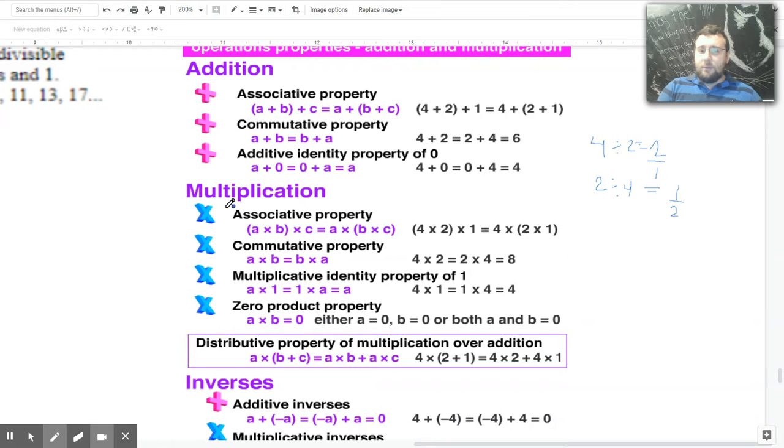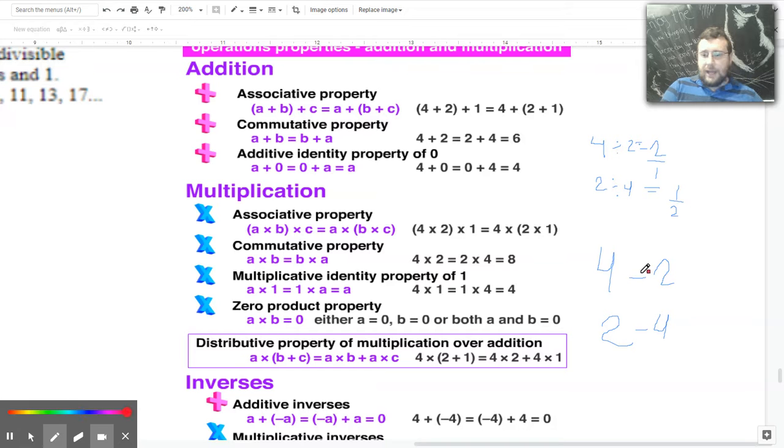Now, with subtraction, you have the same problem. If you do 4 minus 2 versus 2 minus 4, let's see what happens there. With 4 minus 2, the signs are different, which means you have to find a difference. So the answer is going to be 2, and you keep the sign of the bigger number, so it's going to be positive 2.